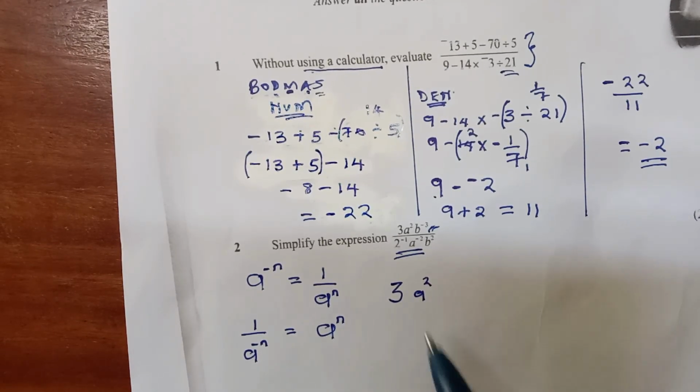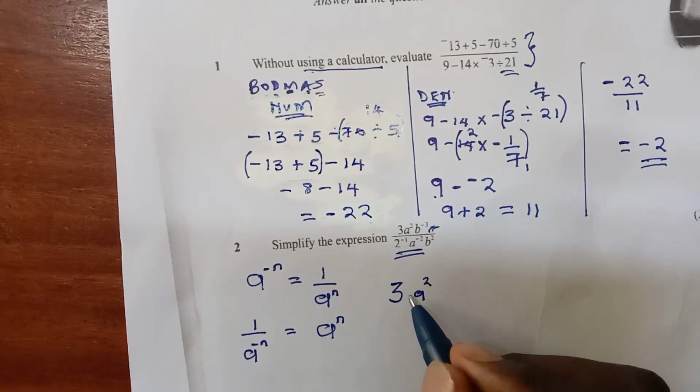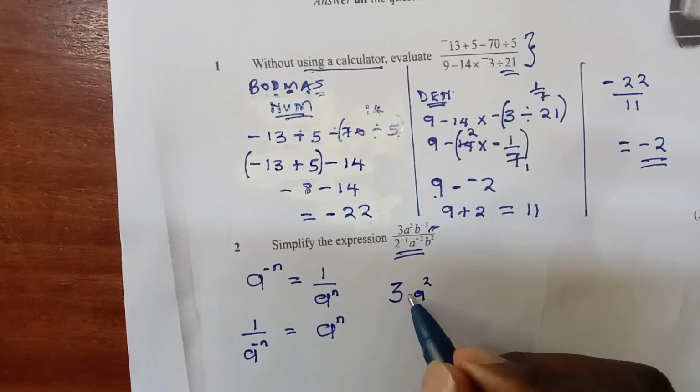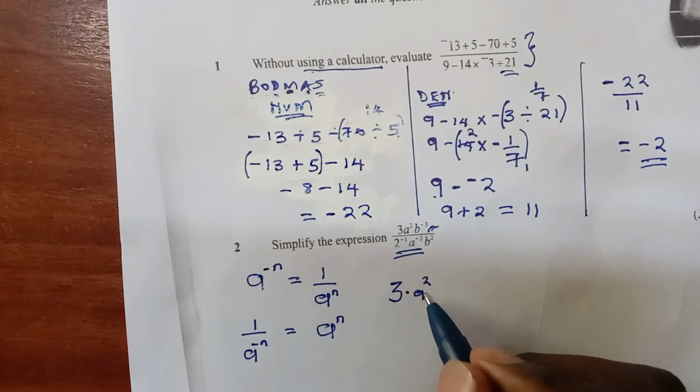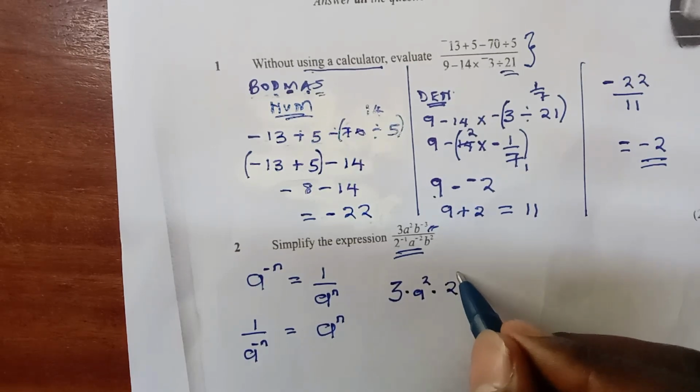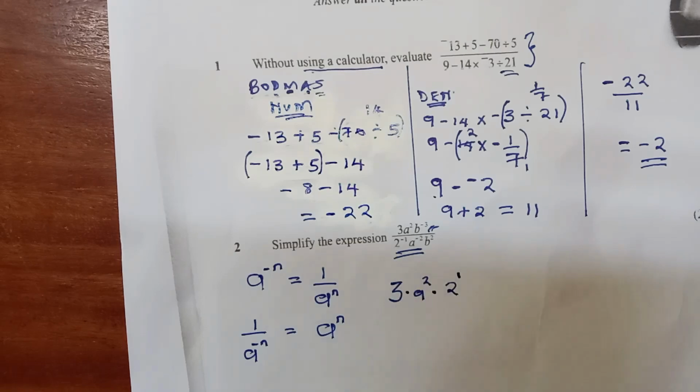Now looking at the denominator, you have 2 raised to the power of negative 1, so it means it is 3 multiplied by a raised to the power of 2 multiplied by 2 raised to the power of 1. This one came to the numerator.